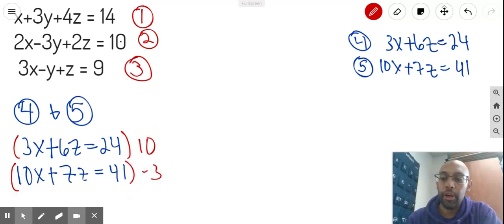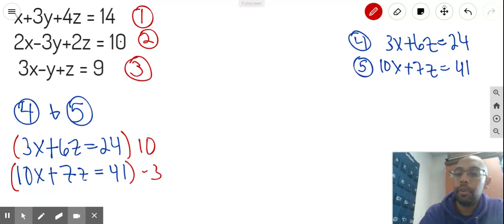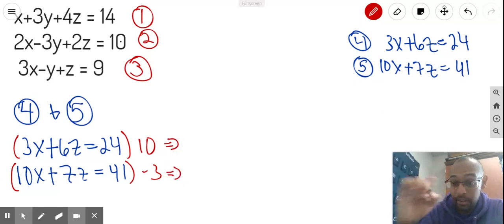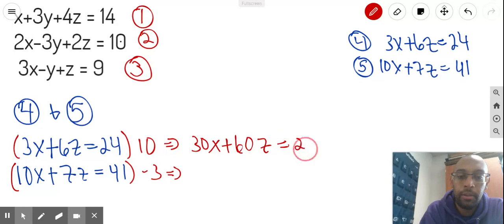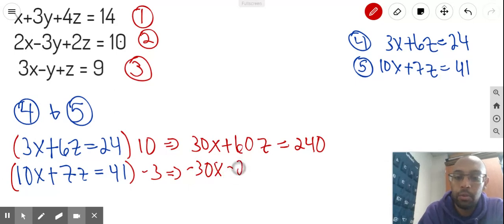Because then I'm going to get 30x here and negative 30x here, and they will cancel. So rewriting each of these, I get 30x plus 60z equals 240. For the second one, I get negative 30x minus 21z equals, and then 41 times 3 is negative 123.